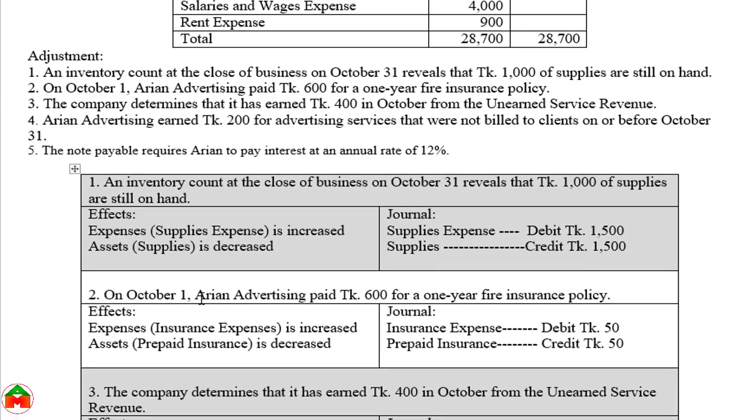So if we adjust this item, there will be an increase in expense. The name of the expense is insurance expense, increased by 50, so insurance expense debit 50. On the other hand, the asset, prepaid insurance, is decreased, so prepaid insurance is credit 50.